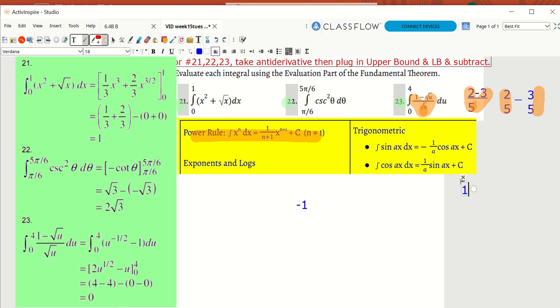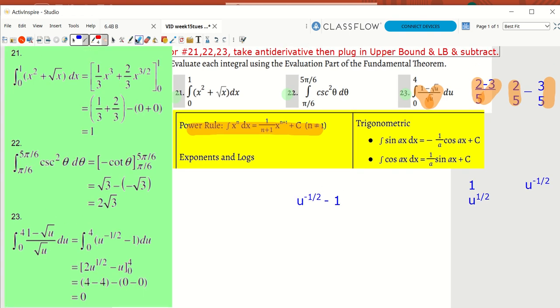And when you have 1 over u to the power of 1/2, that is the same thing as writing it like this. So really, the orange over here can be simplified into this right there.